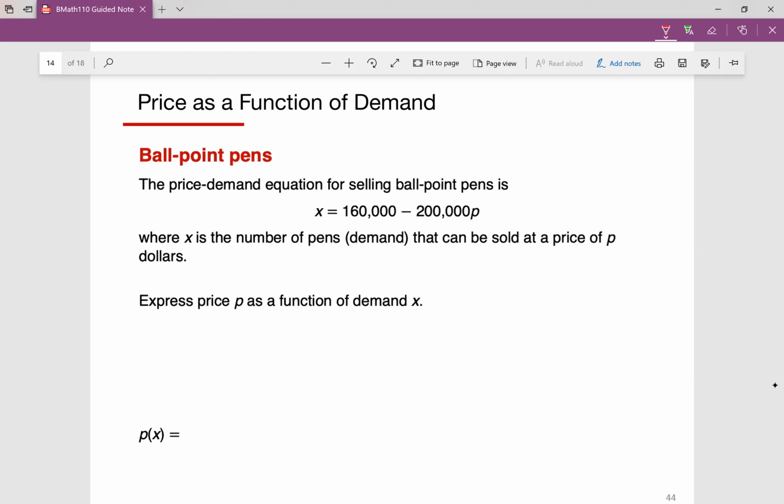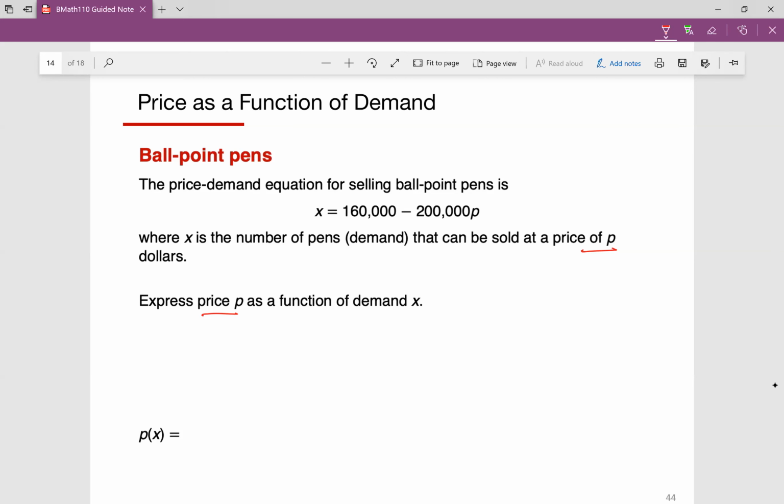So the question is just to express P as a function of x.